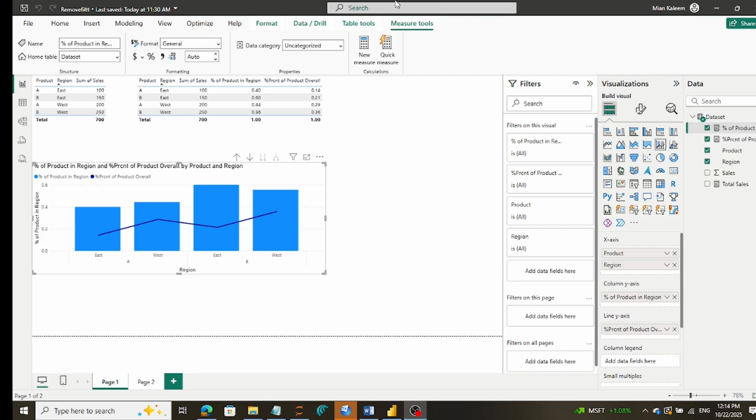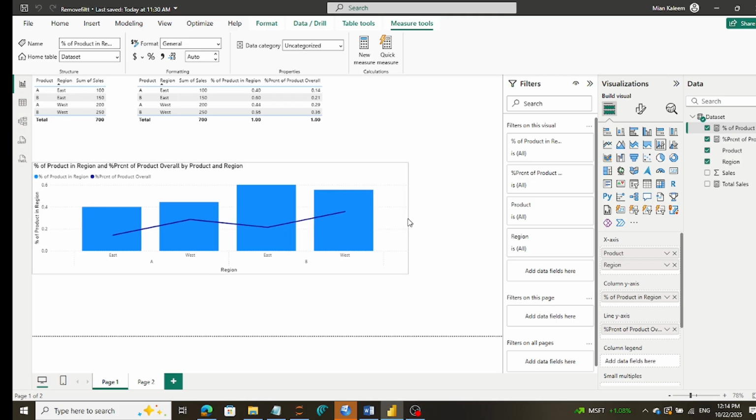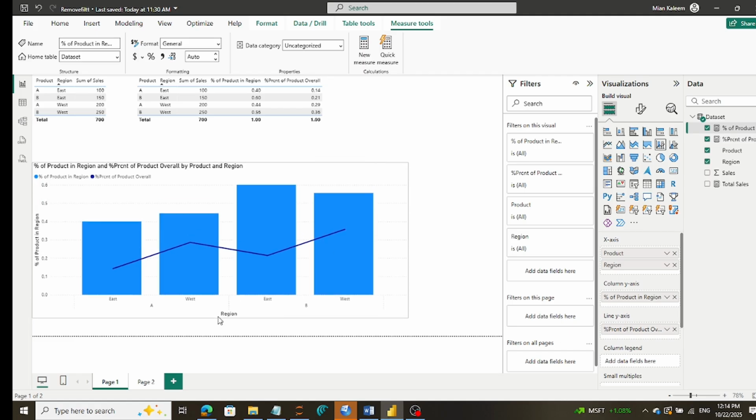To further elaborate on this topic, I came across a very interesting requirement from a customer. They want to see this graph, with product sales percentage by each region, as well as product sales percentage by overall all regions.